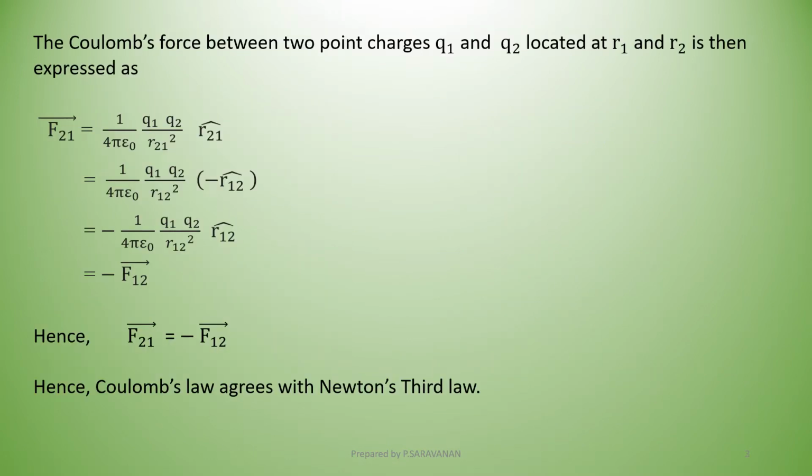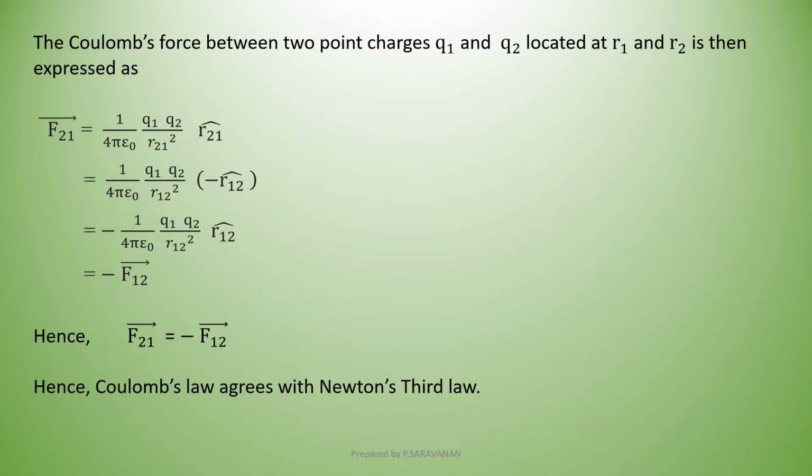By the statement of Coulomb's law, the force between two charges Q1 and Q2 located at R1 and R2 is expressed as F21 vector is equal to 1 by 4 pi epsilon naught into Q1 Q2 by R square 21 into R cap 21.